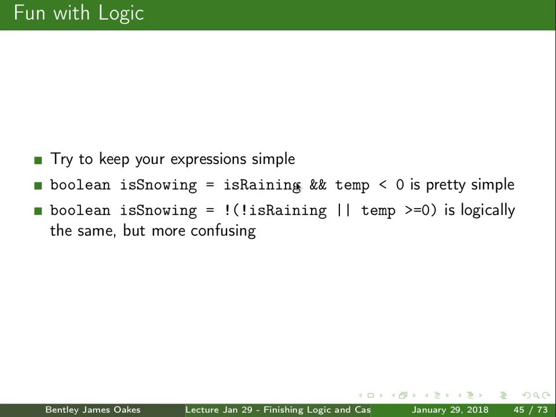So is raining and the temperature is less than 0 is logically equivalent to not is raining or temperature is greater than 0. They mean the same thing, but one way is way harder to think about. As you gain experience with logic and using ands and ors and nots, you'll learn how to write your tests and your expressions so that they're very simple.